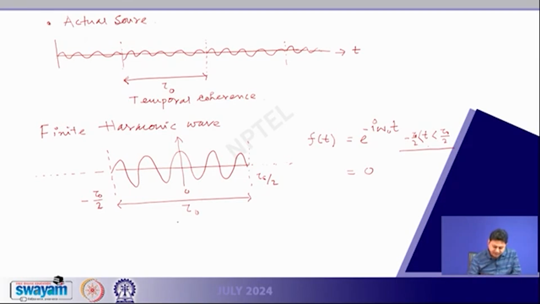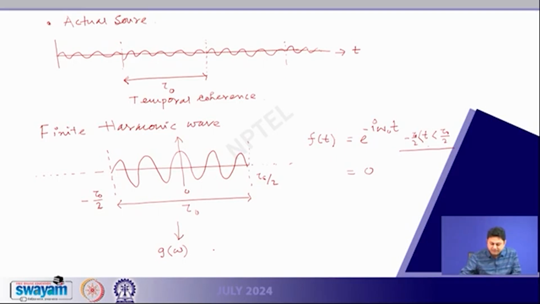If we have a function in the time domain, then in principle we can find the corresponding function in the reciprocal domain, or the frequency domain, that is g omega. g omega is something one can find by taking a simple Fourier transform of this finite wave. I don't know, students, whether you are aware of the Fourier transform or not, but for the time being I'm assuming that you are. Then let's see what happens if I do a Fourier transform.